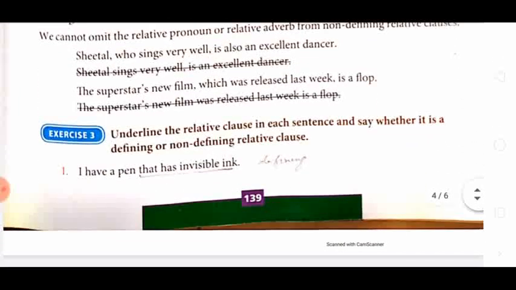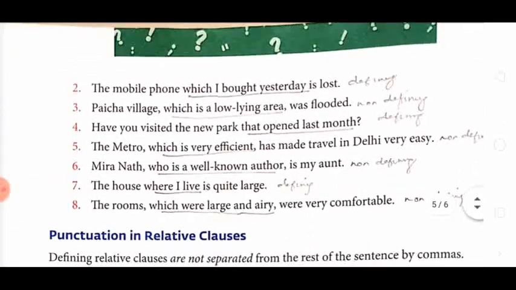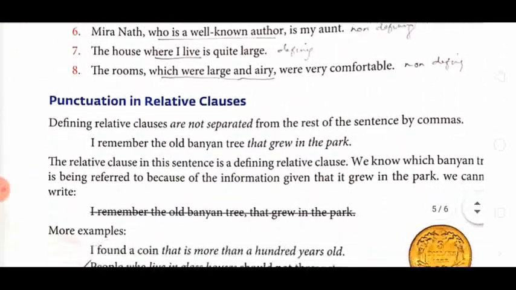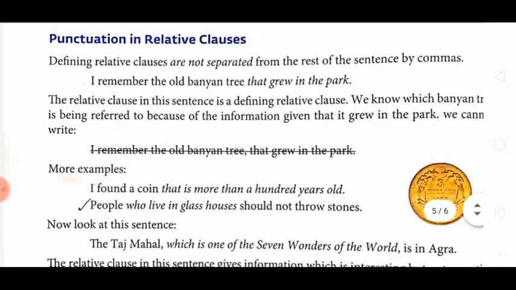Then here we have to, in exercise 3, underline the relative clause in each sentence and say whether it is defining or non-defining. It is an easy exercise, and I am going to send it to you in the PDF. Now, punctuation in relative clauses, which I explained earlier also: if the relative clause is a defining clause, there is no punctuation mark. If it is a non-defining clause, then it is going to be separated by a comma.